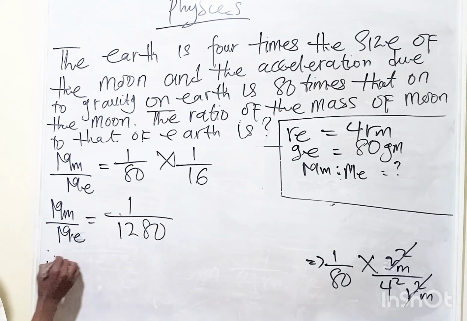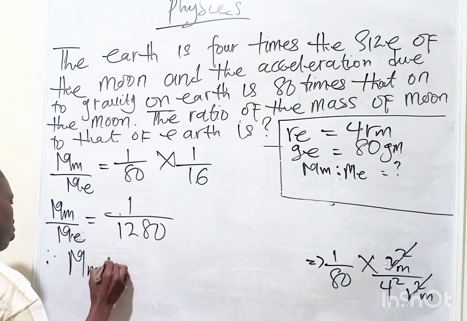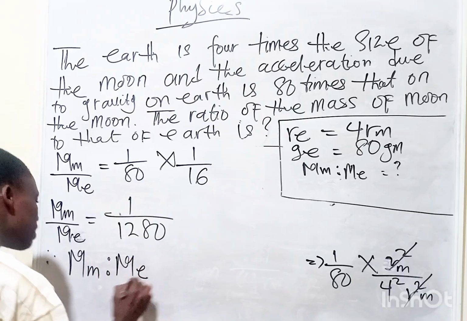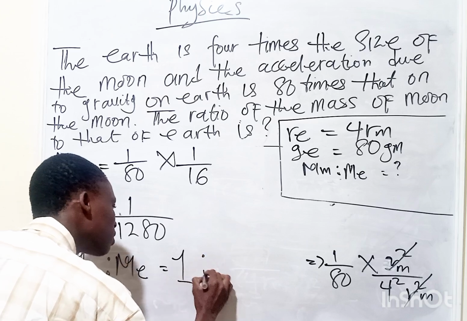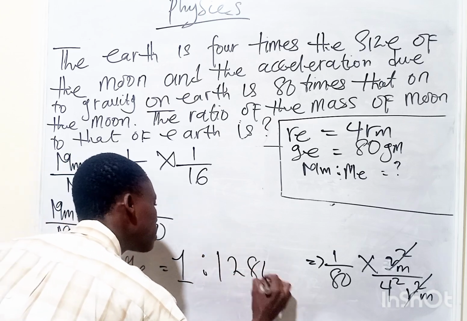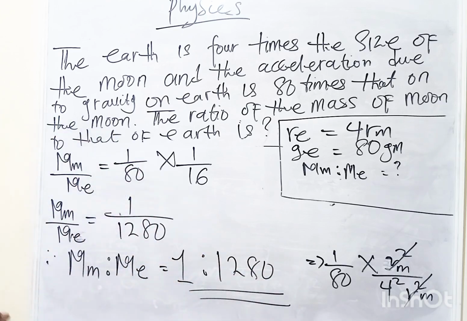So therefore, the ratio of the mass of the Moon to that of Earth equals 1 is to 1280. And this is the right answer for this question.